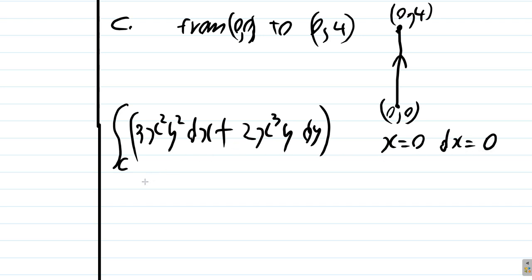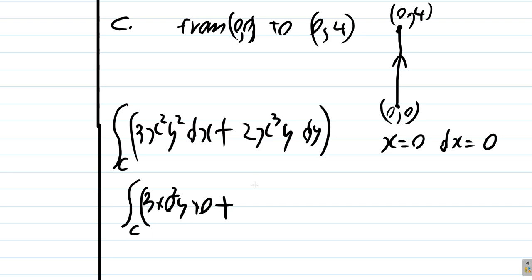So here now, you're integrating along the curve of 3 times 0 squared y dx. But dx is also 0, so this part will be 0, plus.